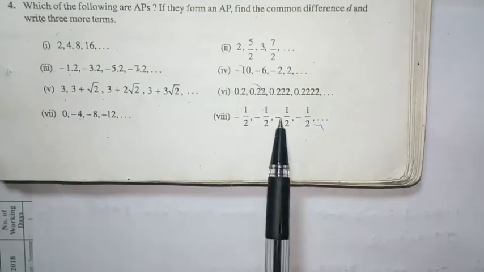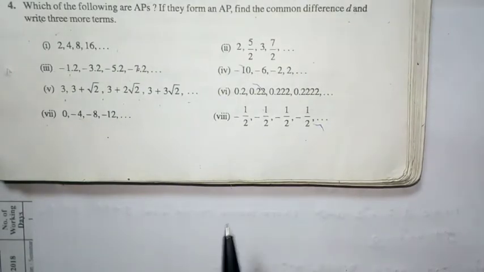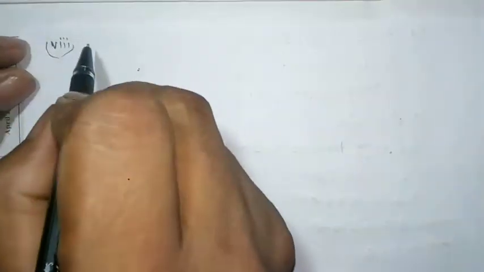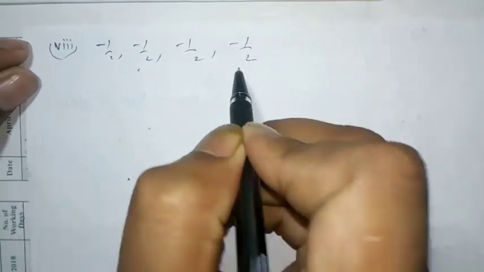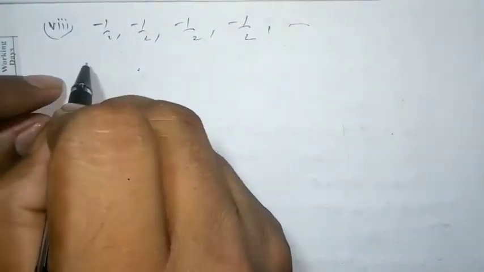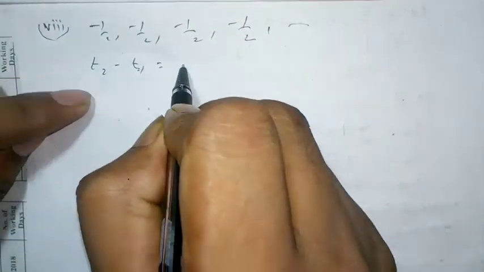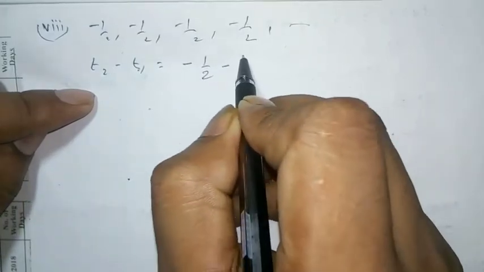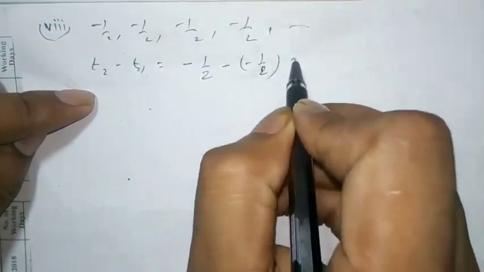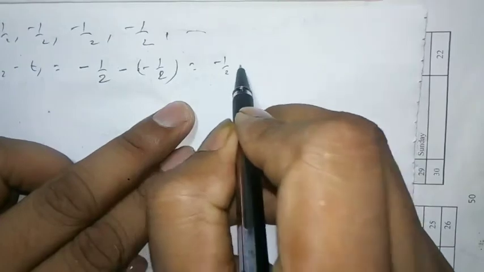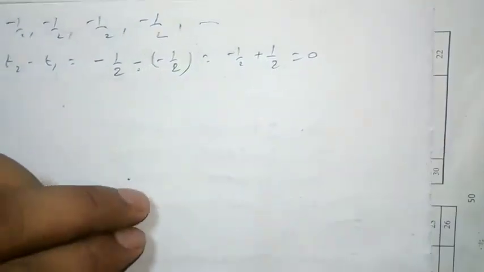Minus 1 by 2, minus 1 by 2, minus 1 by 2, minus 1 by 2. T2 minus T1 is equal to minus 1 by 2 minus minus 1 by 2, is equal to minus 1 by 2 plus 1 by 2, is equal to 0.